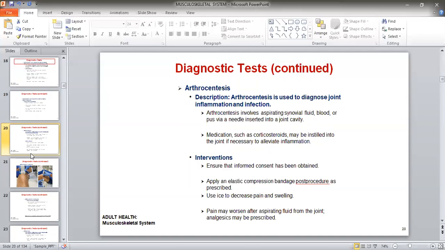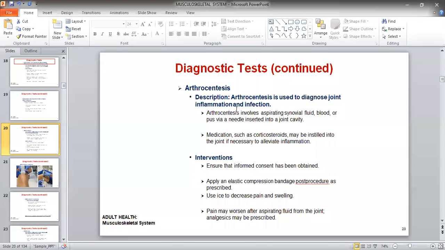In case of arthrocentesis, basically it is a process where we remove some fluid from the joint. Arthrocentesis is used to diagnose joint inflammation and infection, right?